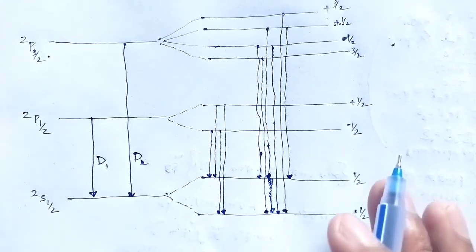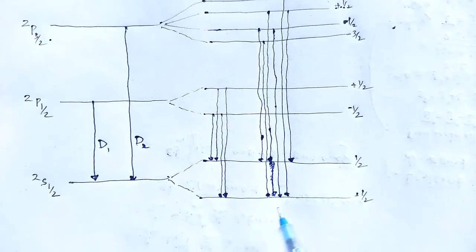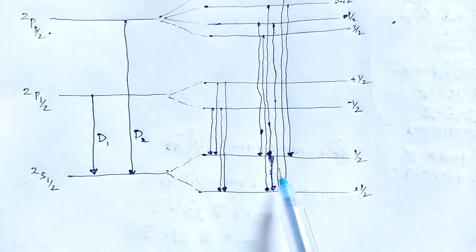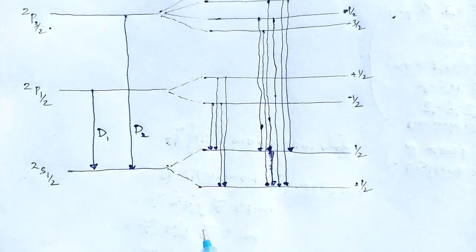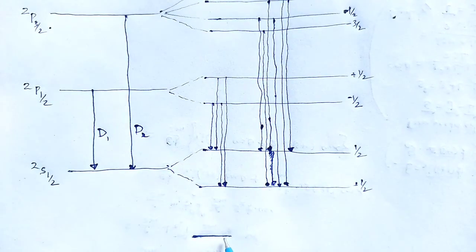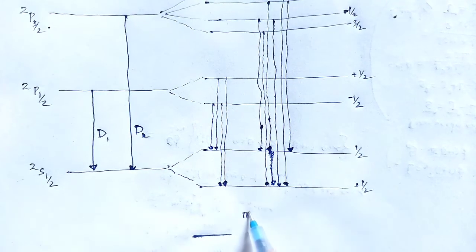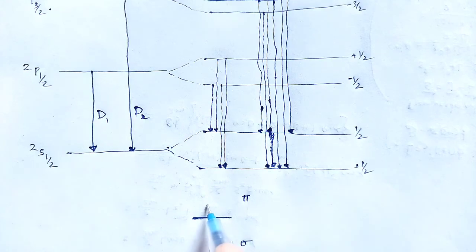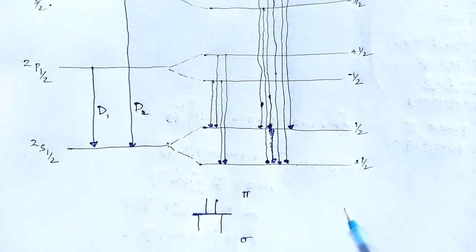These lines are formed due to the application of the external magnetic field. There are 4 lines and there are 6 lines. In that case, the 4 lines are formed: this is pi, that is sigma, 2 pi lines and 2 sigma lines.